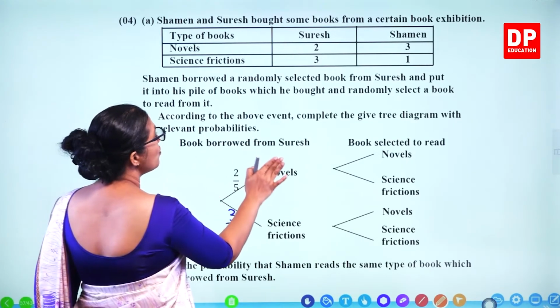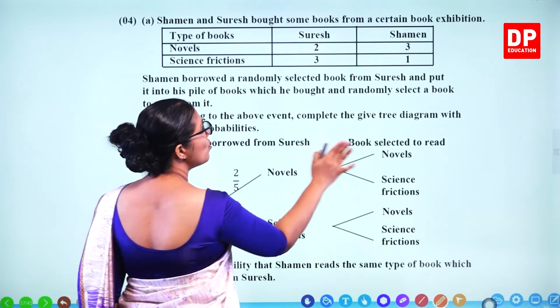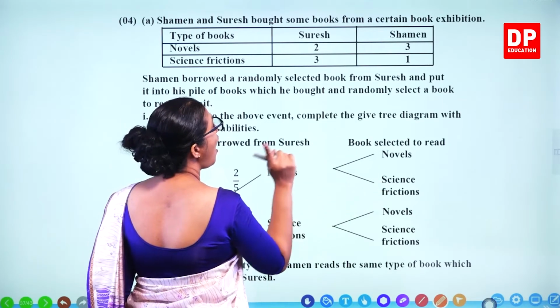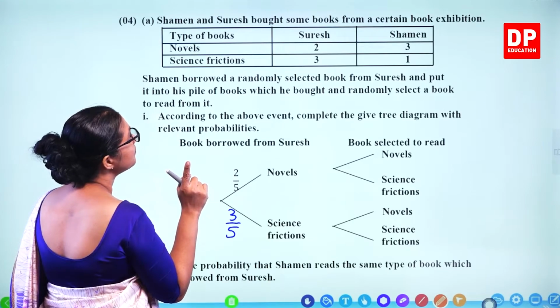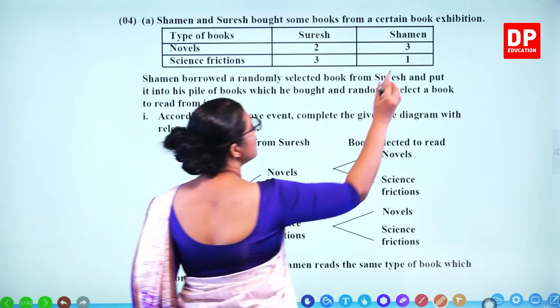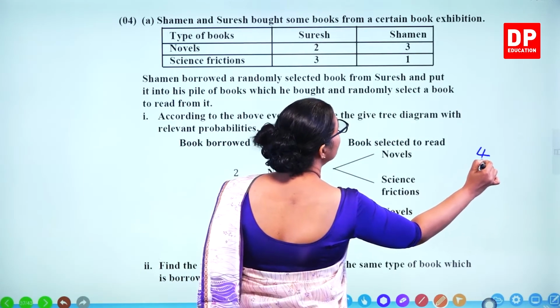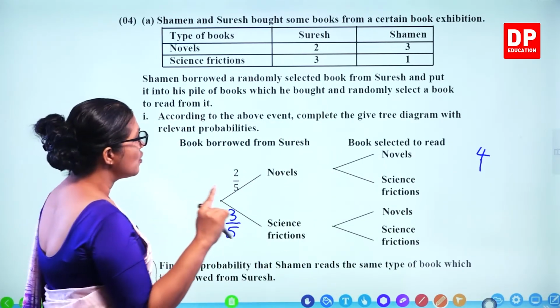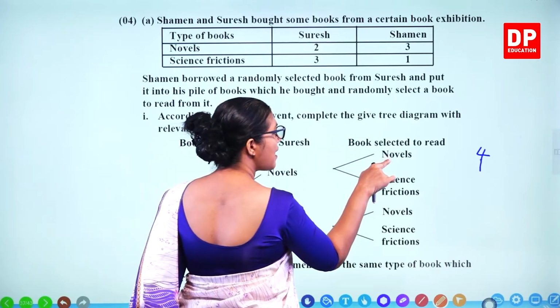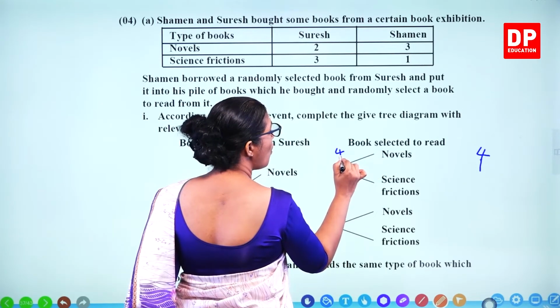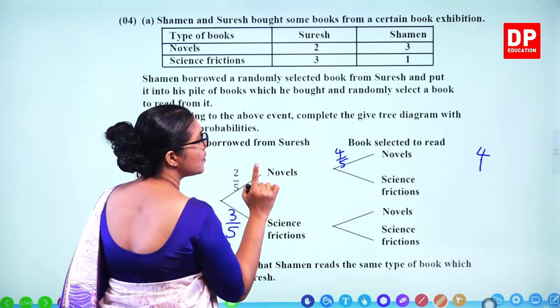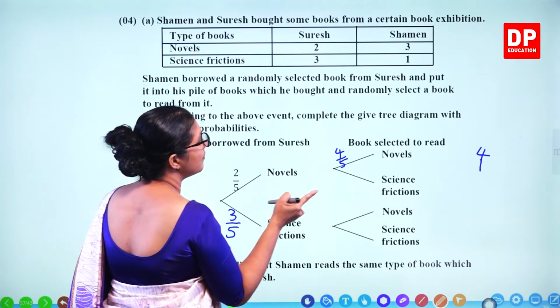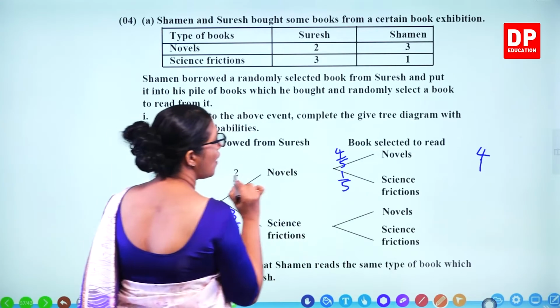Now, if Suresh gives a novel to Shamin, how many novels are there? Then 4 novels are there and 1 science fiction. So what is the probability of getting a novel? 4 out of 5. How many science fictions are there? 1 out of 5.